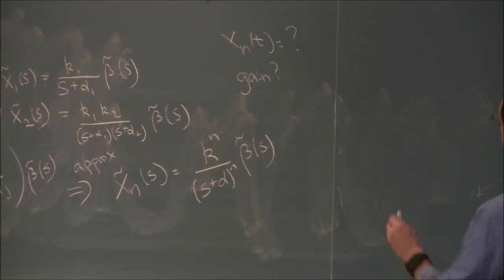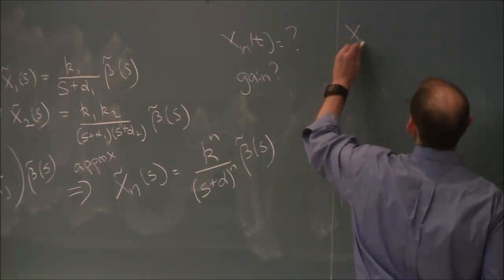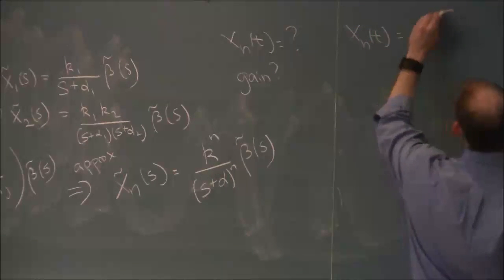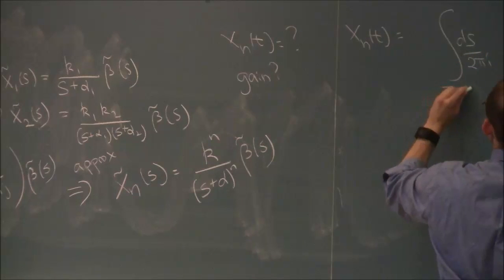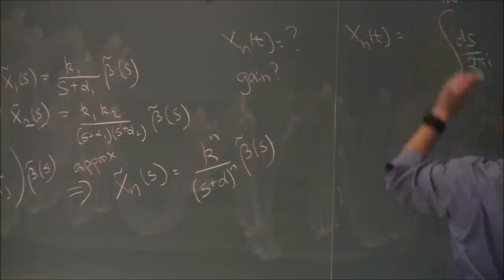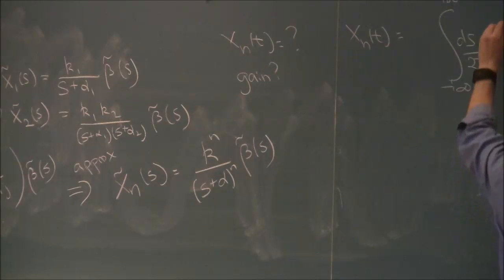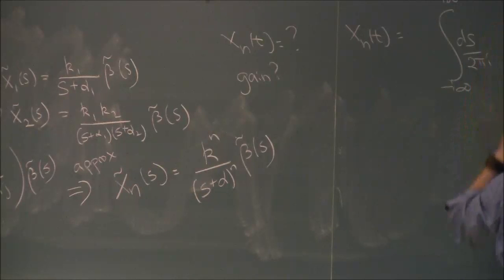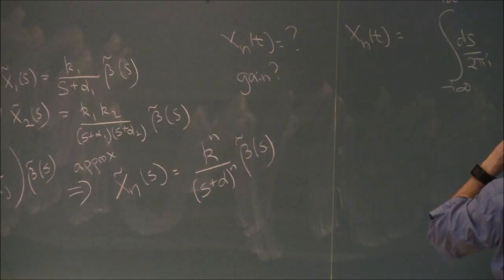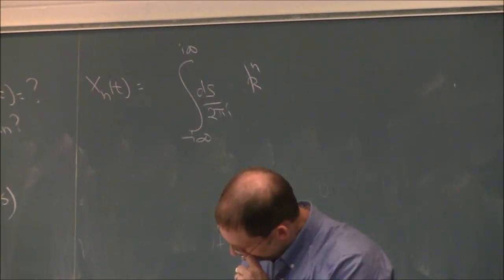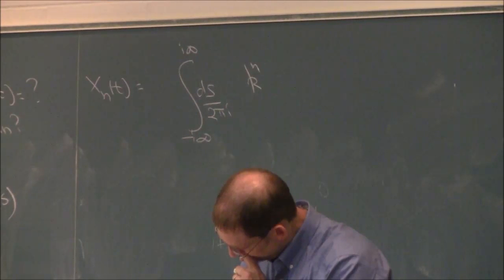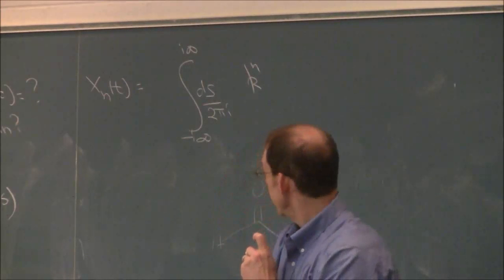So xn of t is equal to the integral ds over 2 pi i from minus i infinity to i infinity of k to the n, and then the response function times beta.